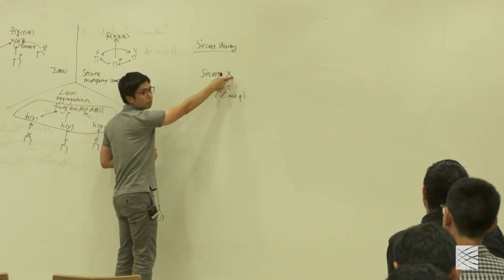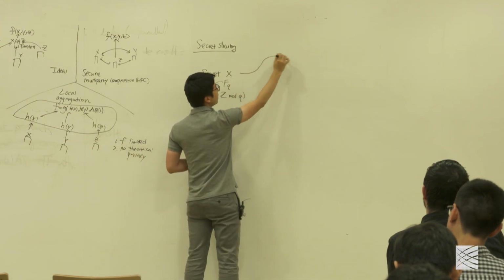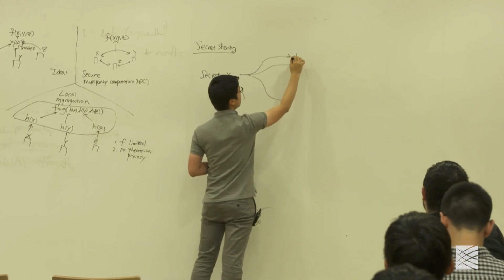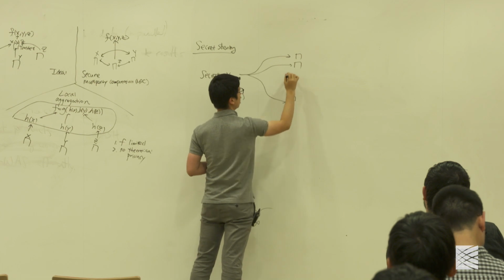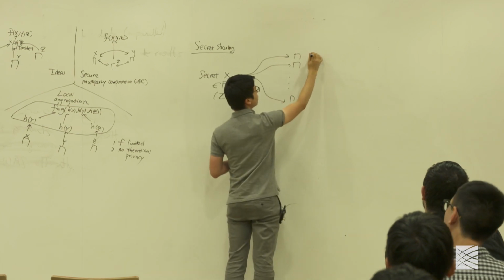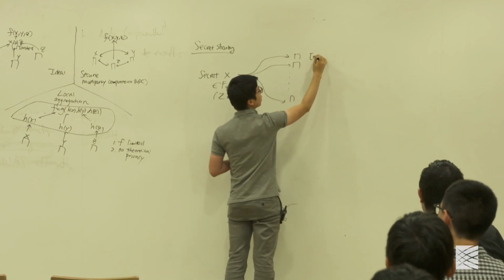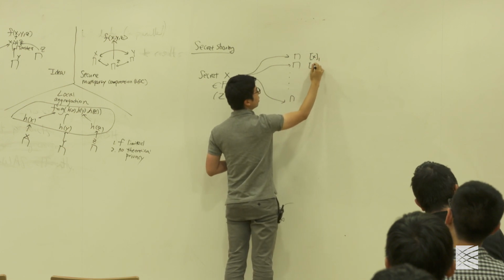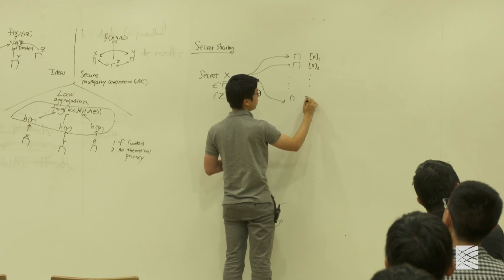So given this private number, we can split this into multiple numbers and individually distribute them to different parties. So let's say there are n parties. And each share, I'm going to denote using this notation, bracket x, sub 1, sub 2, up to n.